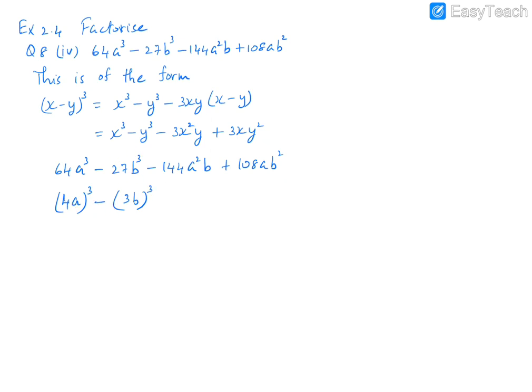So we have x cube minus y cube. In place of x clearly we have 4a, and in place of y we have 3b. So we just need to substitute that in the remaining part of the expression. So it is minus 3 times x square. X is 4a, so x square is 4a square, and y is 3b.